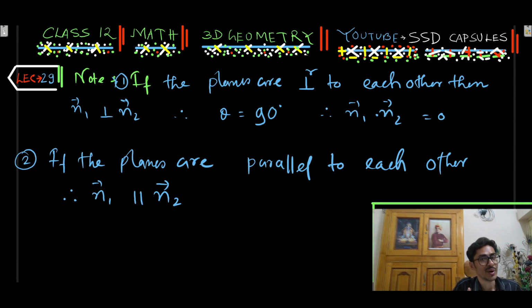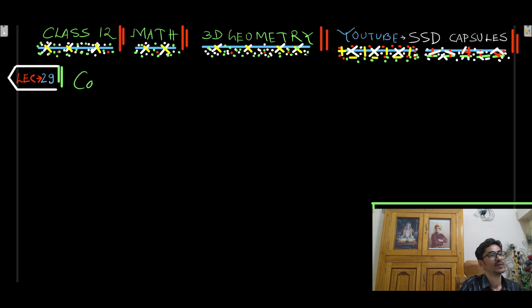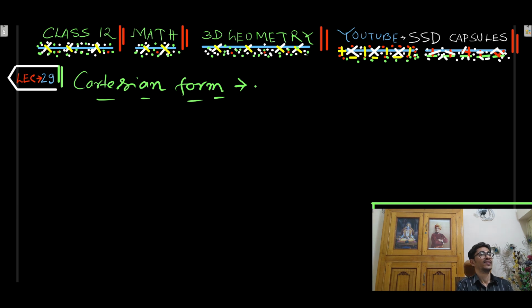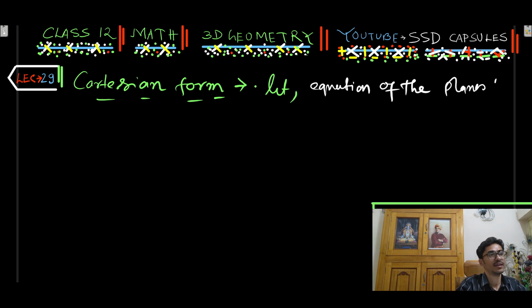Now we are going to understand the Cartesian form. Now let the equation of the planes be a1x plus b1y plus c1z plus d1 equal to 0.